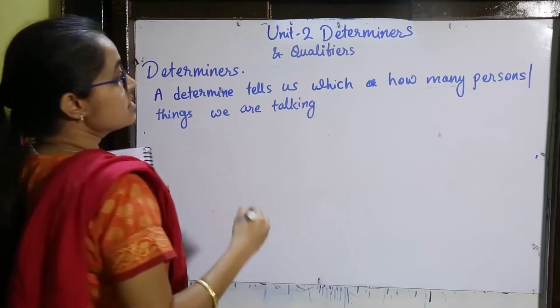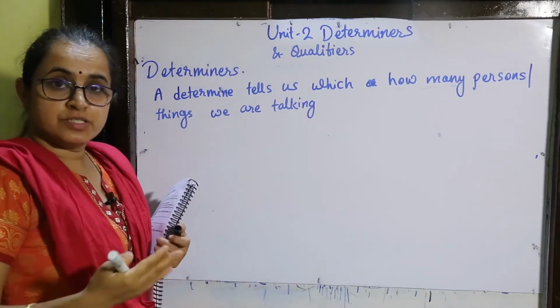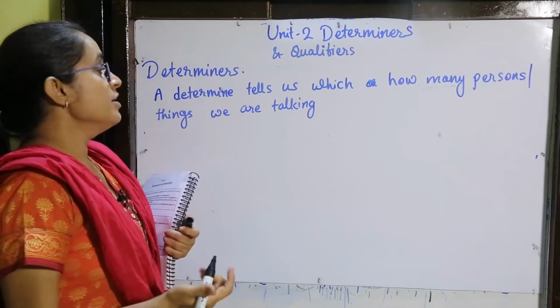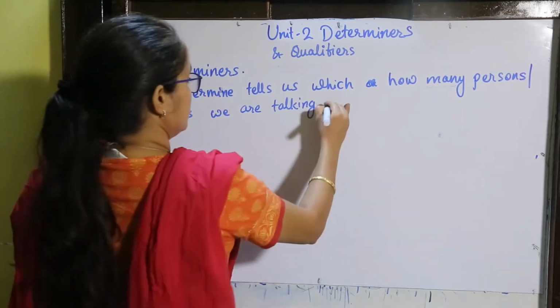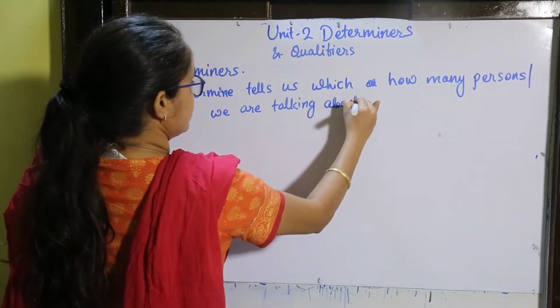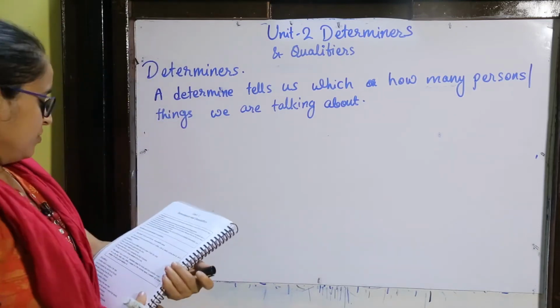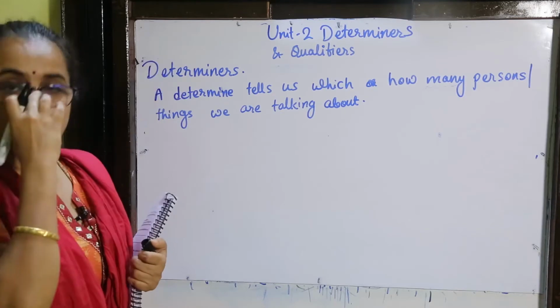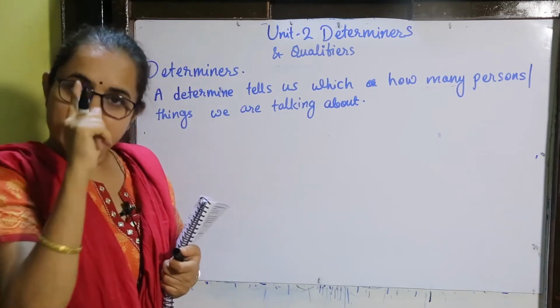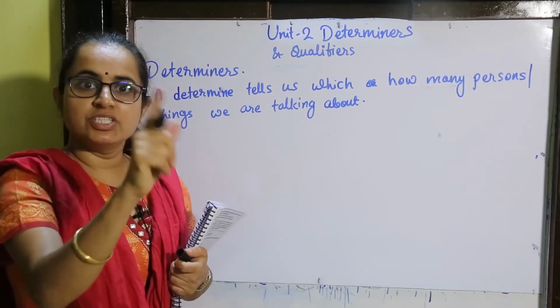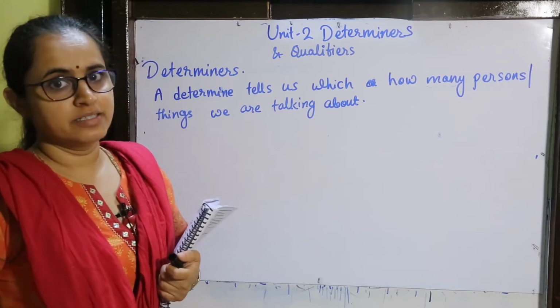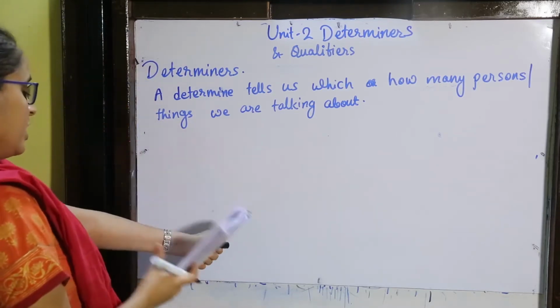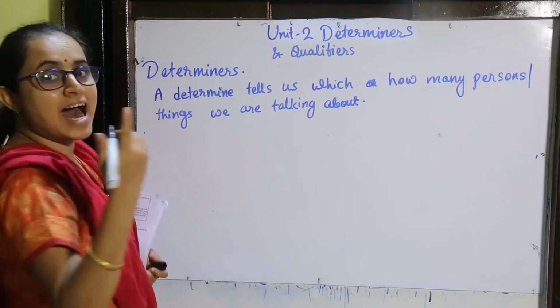So it determines the number of persons or things and what kind of thing we are talking about. That's the second point. For example, if we say his big house, that means the house is one and it is his. That's called a determiner. In determiners, the first one is the articles.